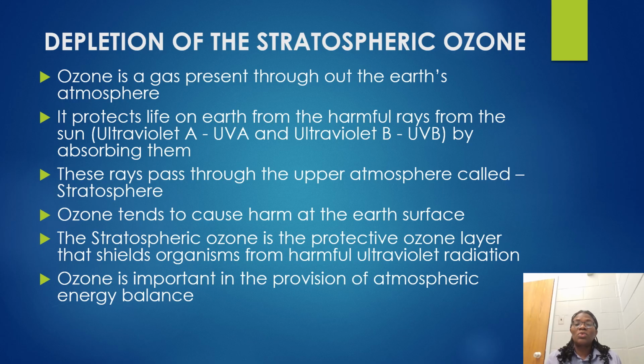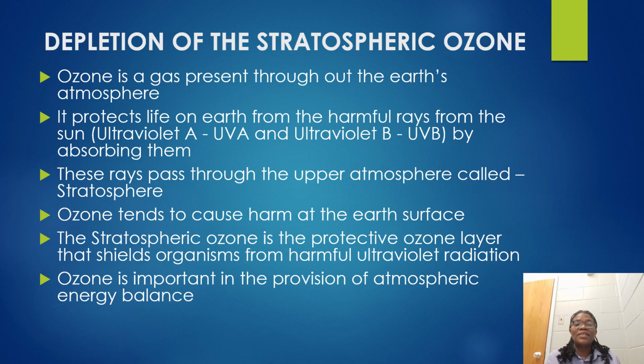The ozone absorbs these, because ultraviolet A and B are harmful to life on Earth.